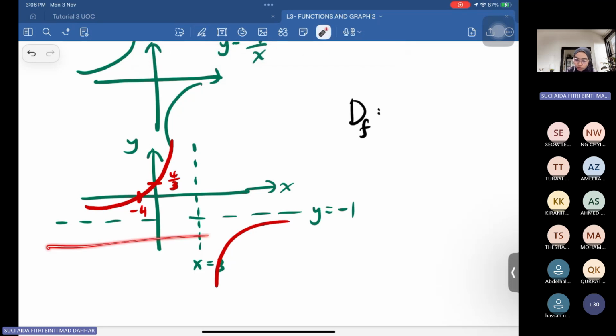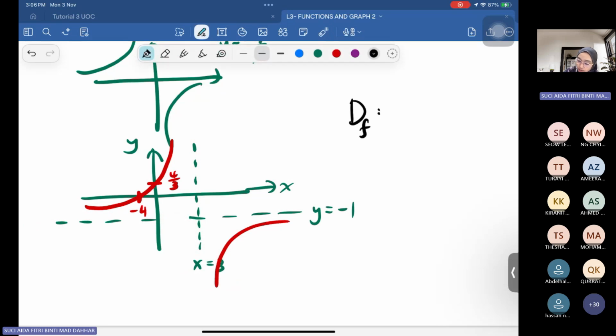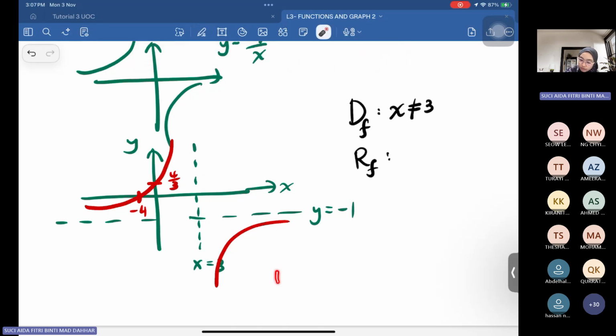The domain, you have to do horizontal scanning. It could be anything from -infinity, but you have to stop before you reach x equals 3, right? That means your x is all real numbers except it cannot be 3. Meanwhile, the range of function f, you have to do vertical scanning.